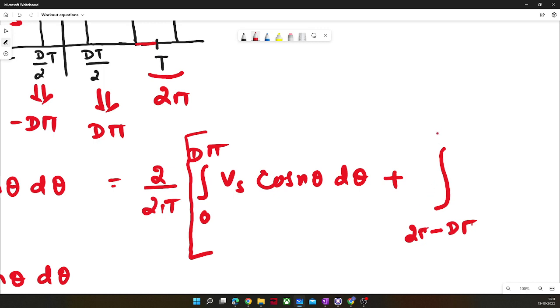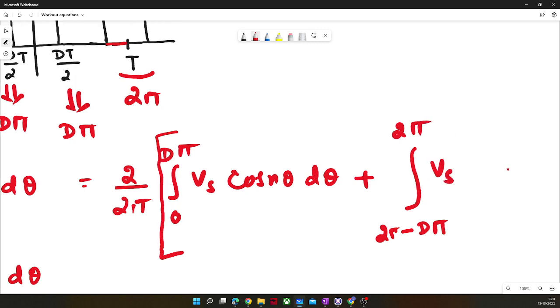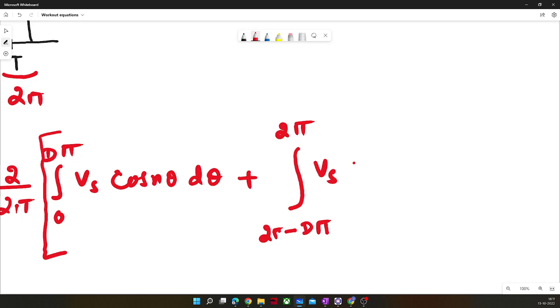So 2 pi minus d pi to 2 pi, again Vs cos n theta d theta. Okay, so I hope it is fine till now.